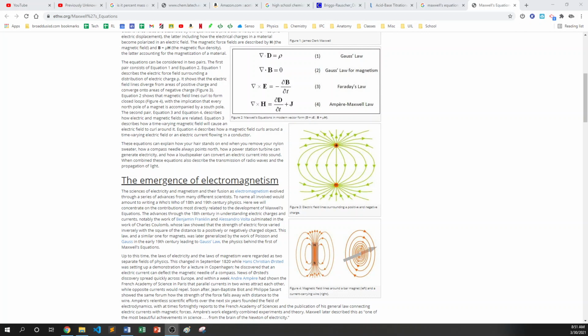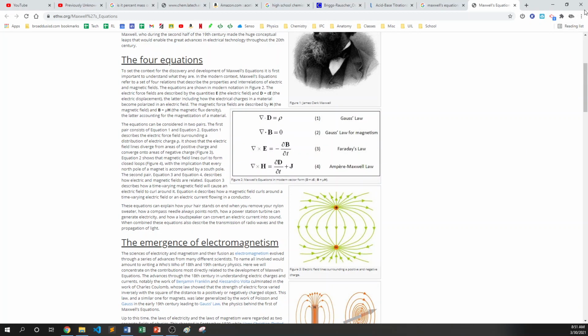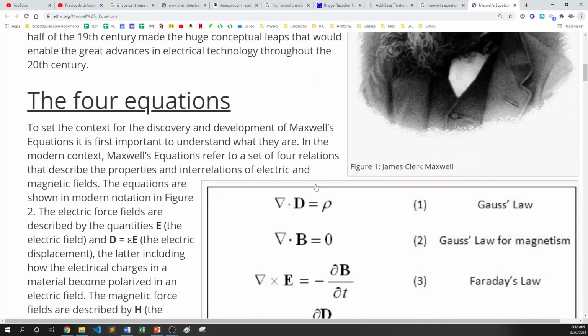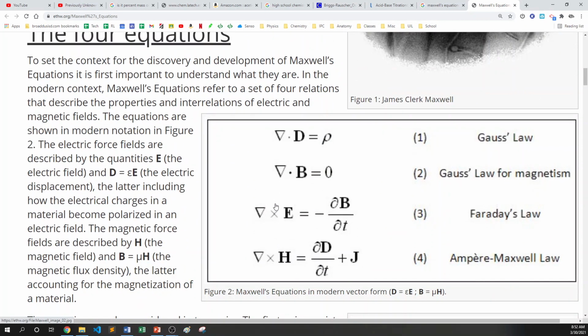I didn't upload that. There are four seemingly simple equations. Oh, I don't like this notation. Let's see if I can actually find.